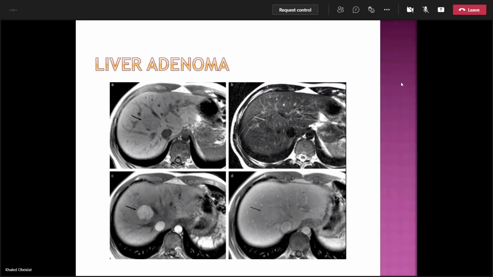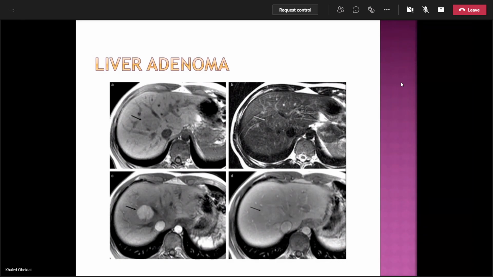How do we diagnose adenoma? Usually history first, with the suspicion in a young childbearing age woman taking OCPs. We may do biopsy to confirm the diagnosis, but they will appear bright, with enhancement on the arterial phase, and hypodense in the later phase.